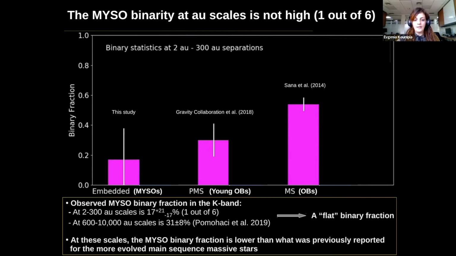Another finding is that if we compare the binary fraction of MYSOs at those scales with what was reported in 2019 by Pomohaci et al., who studied MYSO binaries at larger scales from 600 to 10,000 AU and found about 30% of them to be binaries, then for the embedded MYSO phases, the binary fraction seems to follow a rather flat binary distribution.